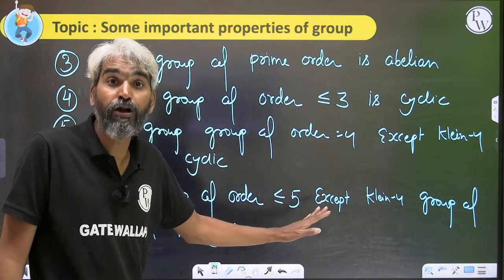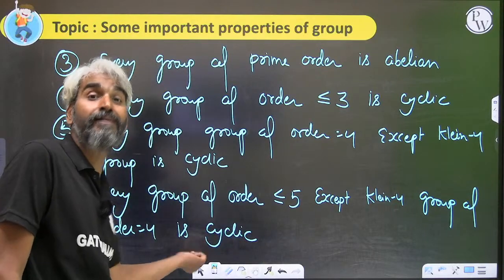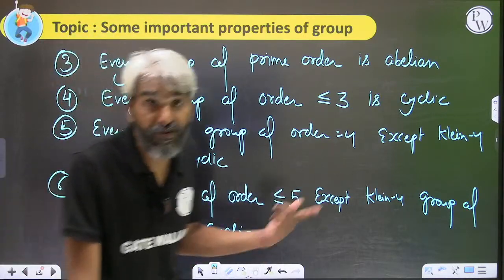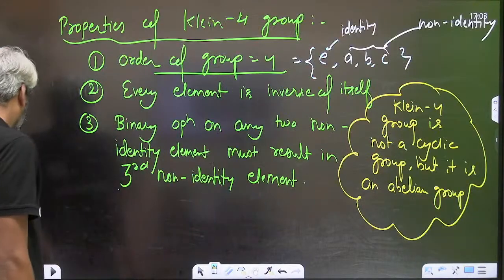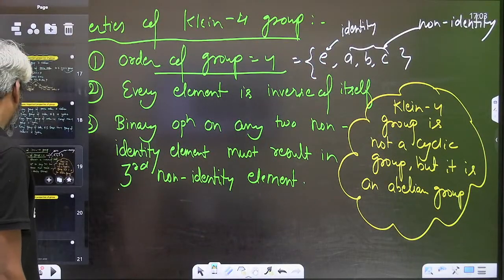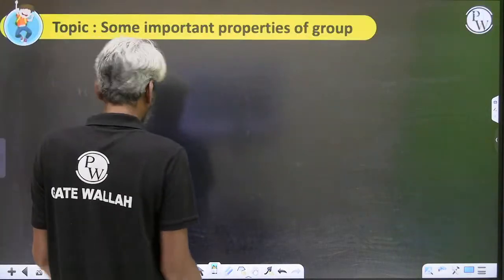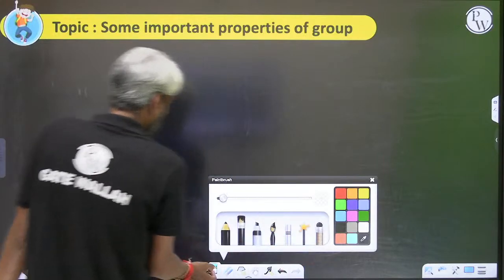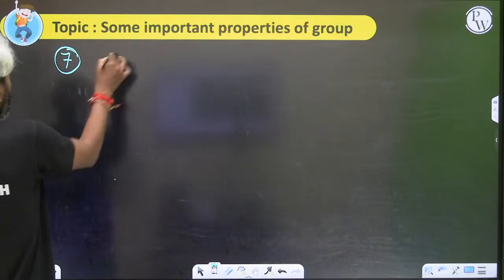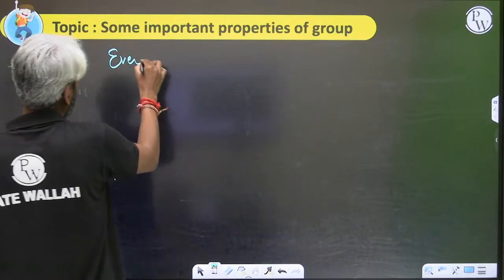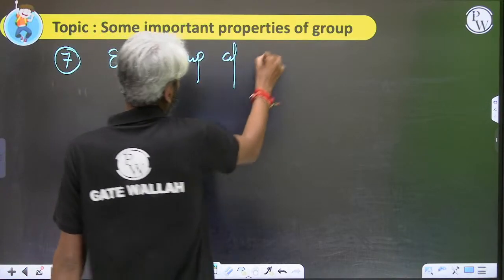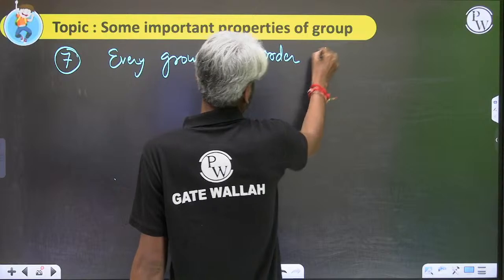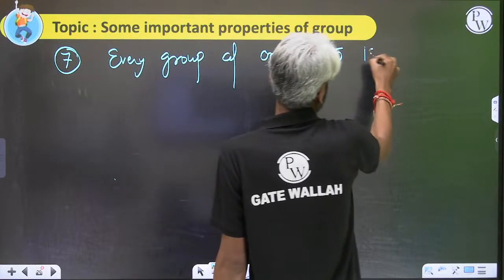The only group of order 4 which is not cyclic is C4, but it is abelian. So can we say that every group of order less than or equal to 5 is abelian? We can say every group of order less than or equal to 5 is abelian. Seventh point which we can write down is every group of order less than or equal to 5 is abelian.